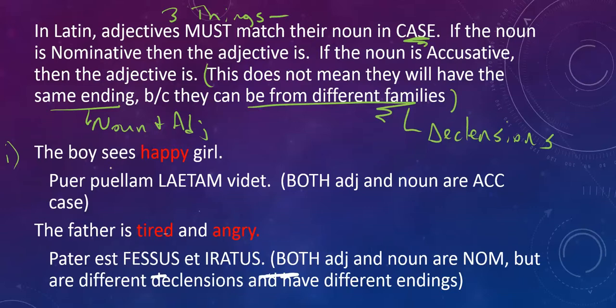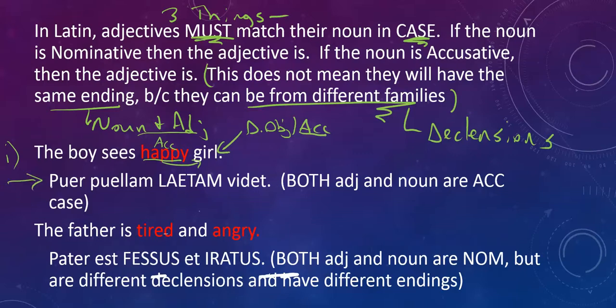Let's look at example 1. The boy sees the happy girl. Happy is still describing girl. Notice now, though, that the girl is the direct object of the sentence, which means she is accusative in the sentence. Since girl is accusative, happy must do the same thing, must, and it would also be accusative.